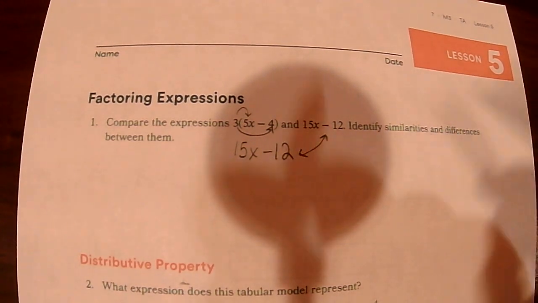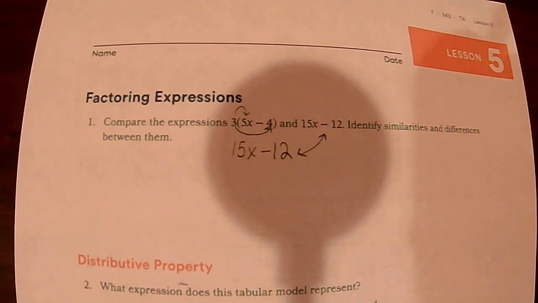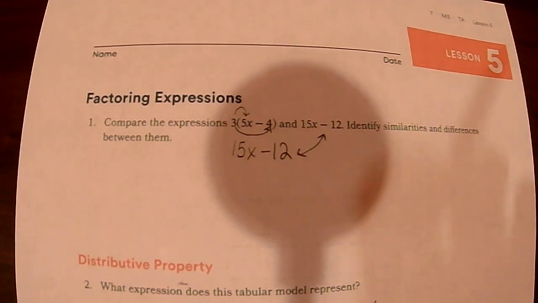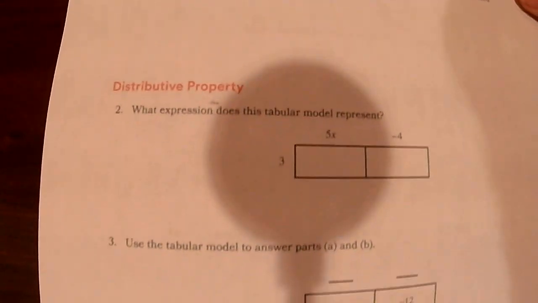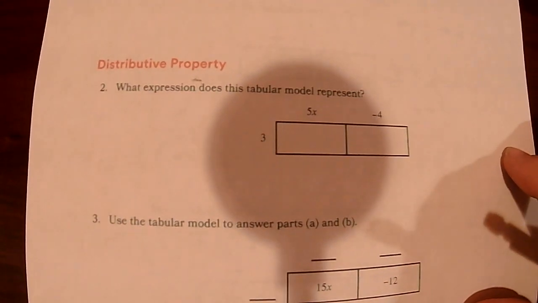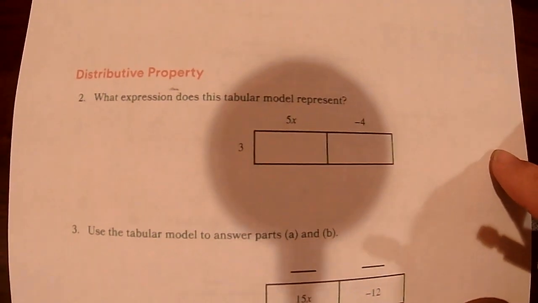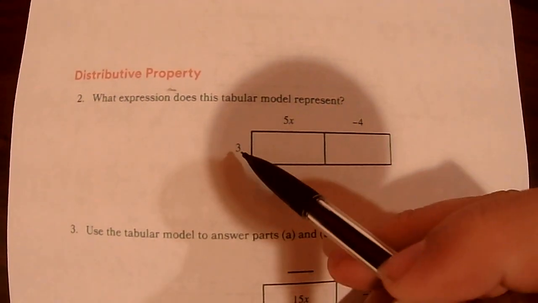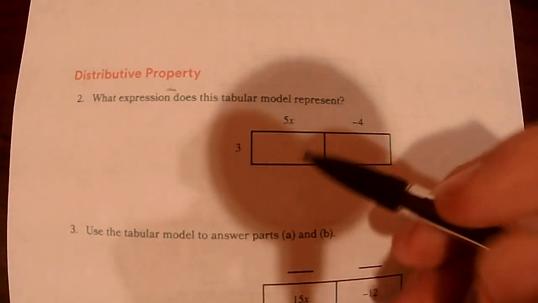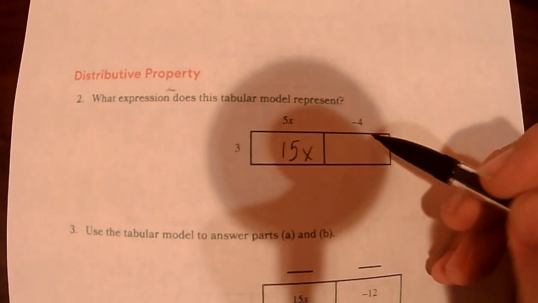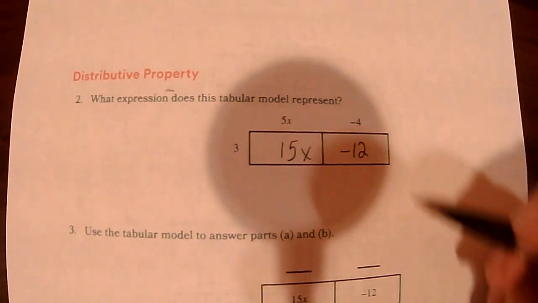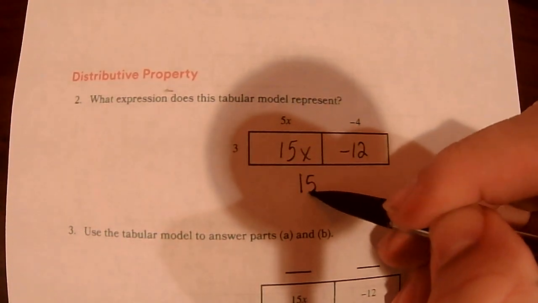They are just written differently. When we use the distributive property, and we're using the tables, we're multiplying 3 times 5x, so 15x, and 3 times negative 4, which is negative 12.